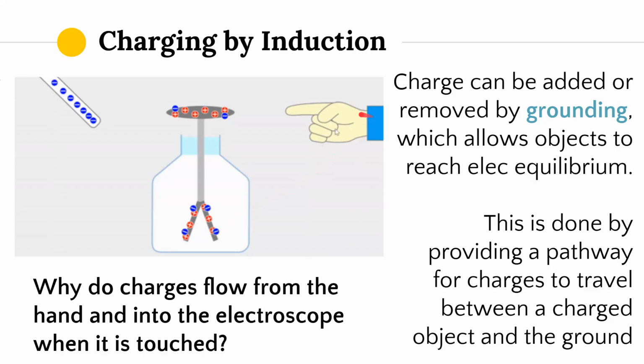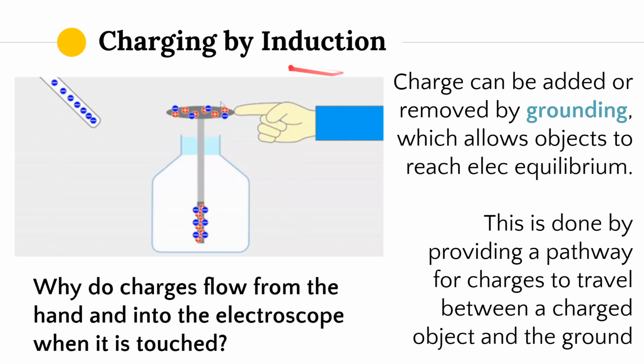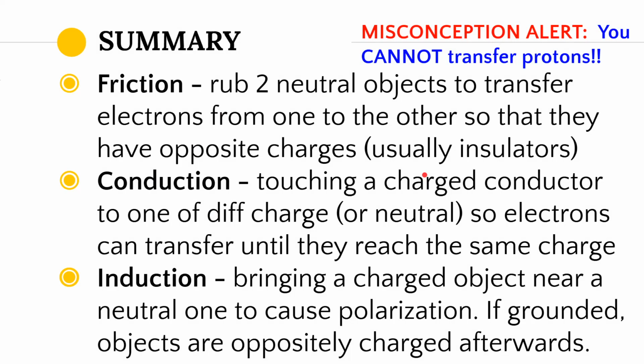When you ground it, as we talked about yesterday, in this uncharging process, because it lacked electrons, it will steal them from you and from the ground, from the earth, until it reaches an equilibrium. But you can use this same induction to actually charge the electroscope in the first place. It was something that you saw in the simulation. When you held the charged body nearby and touched it, that's how I got the positive electroscope in the first place. All right, so that's it for the types of charging: charging by friction, charging by conduction, charging by induction.